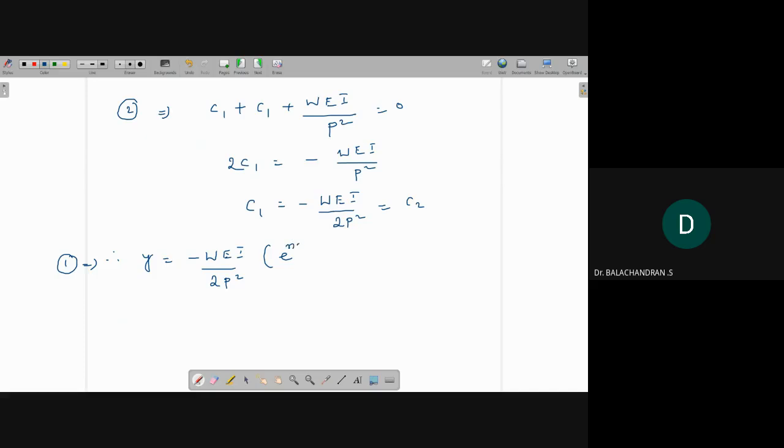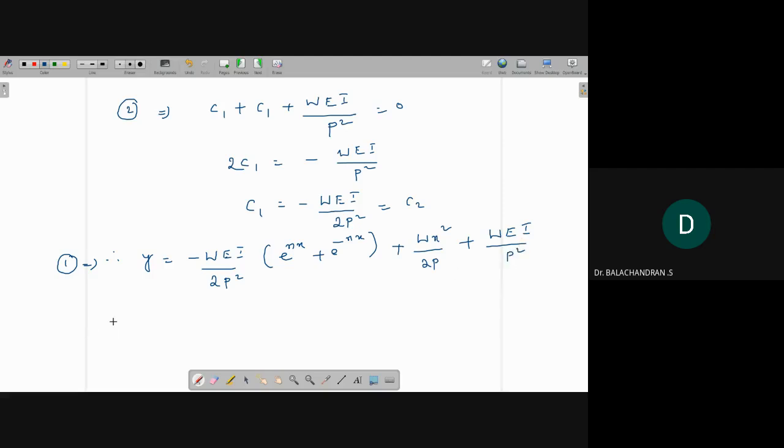Plus, so please check it, w x square by 2p plus w EI by p square.